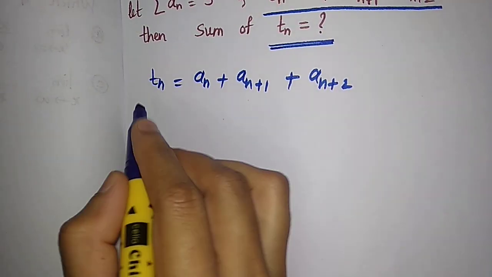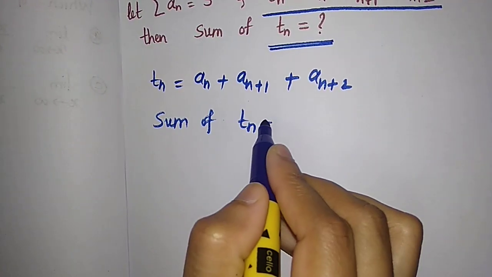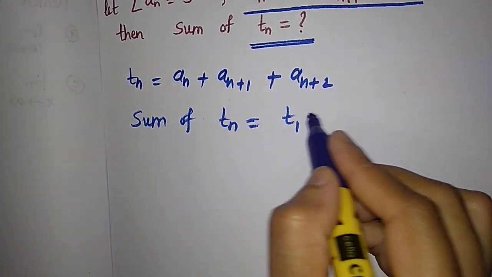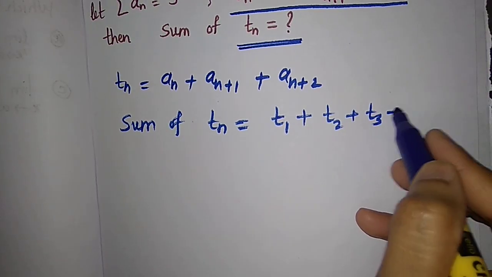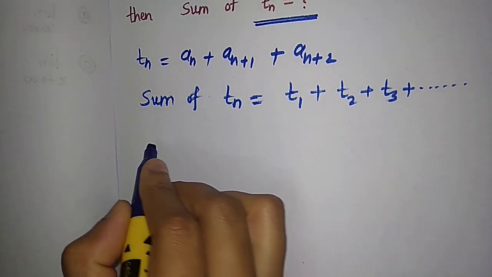To find out the sum, that is the sum of Tn, you add the T1 plus T2 plus T3 terms, and so on.